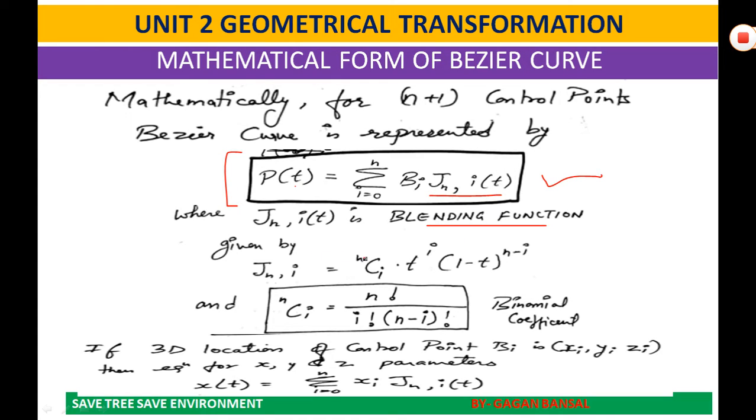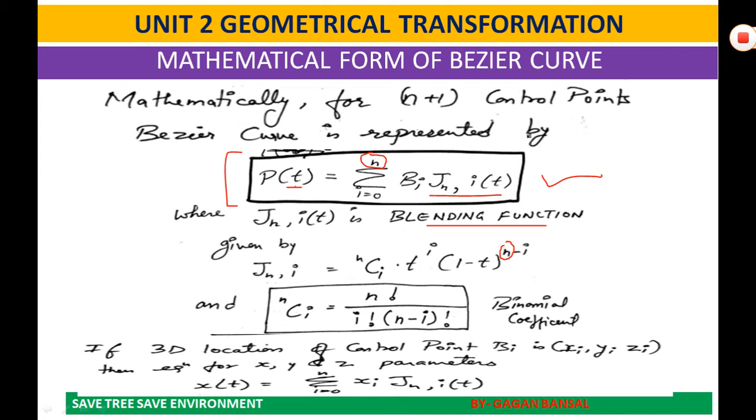It is given by nCi, that is n combination i, times t to the power i, where t is the step or incremental parameter, times (1 minus t) to the power n minus i, where this n is the terminology we use for a system having n plus 1 control points.